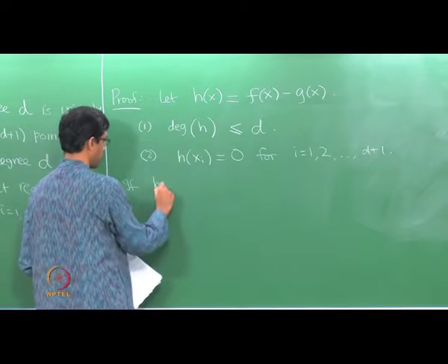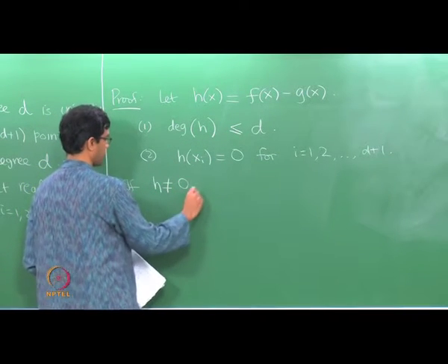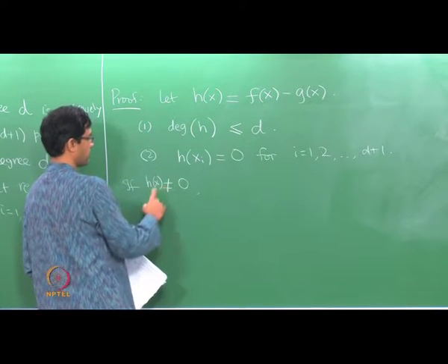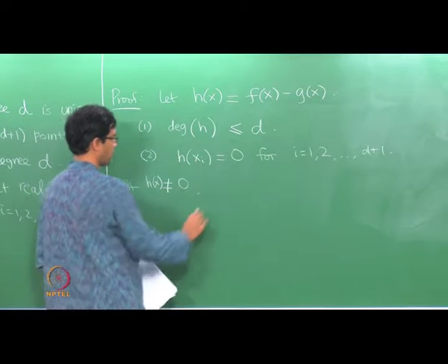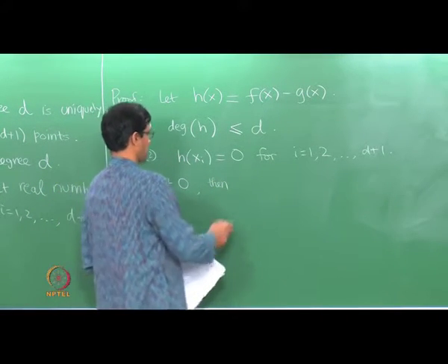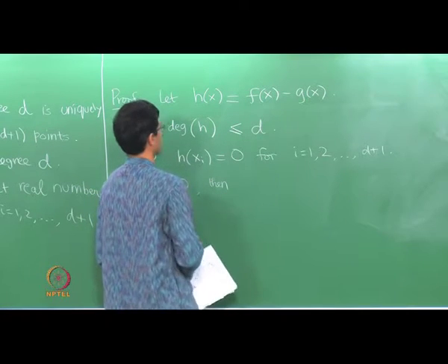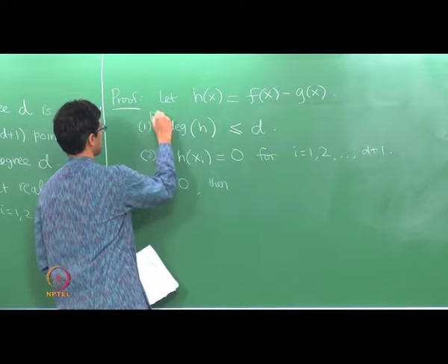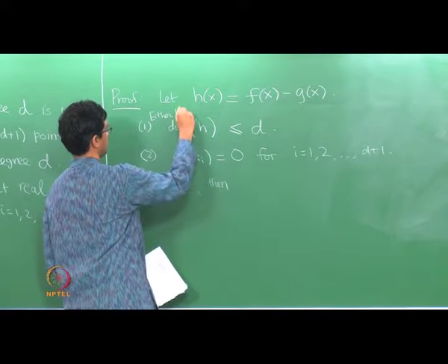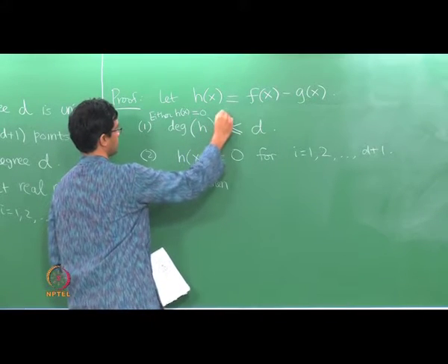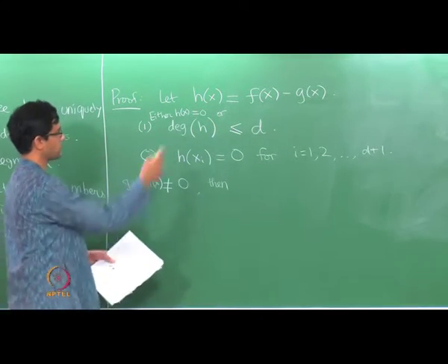If h of x is not 0, by which I mean it is not identically the 0 polynomial, then, I should be a little careful here. Since I made a distinction last time, either h of x is 0 or it is non-zero and has degree at most d.